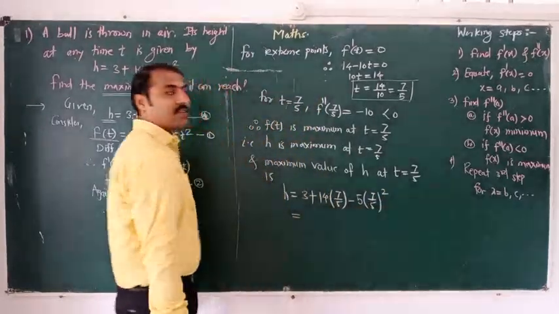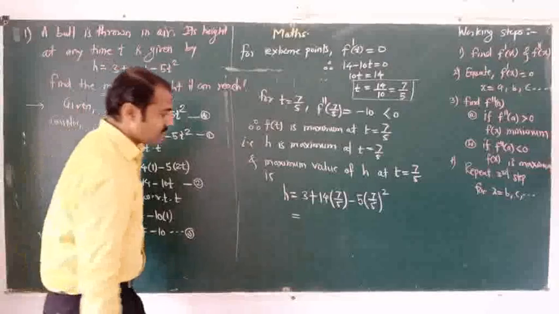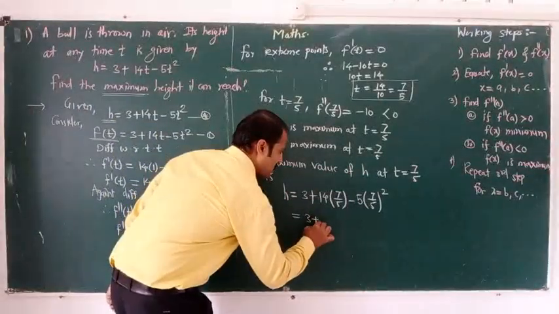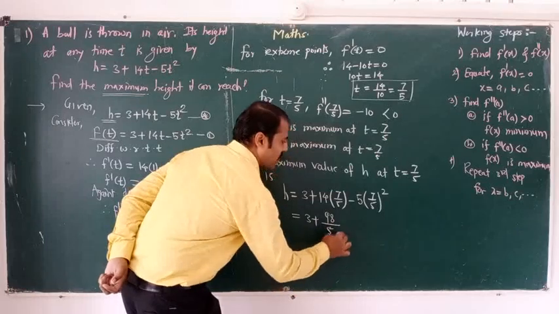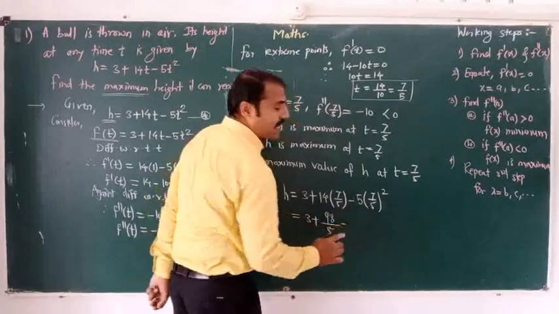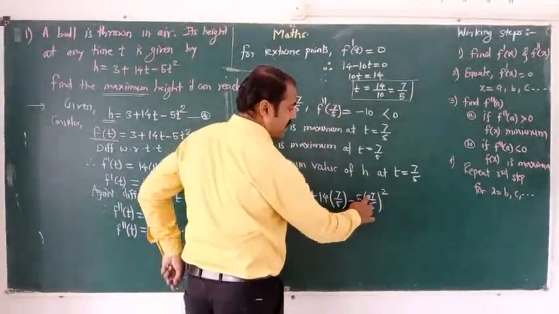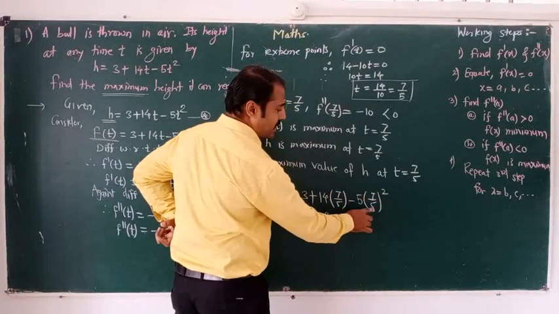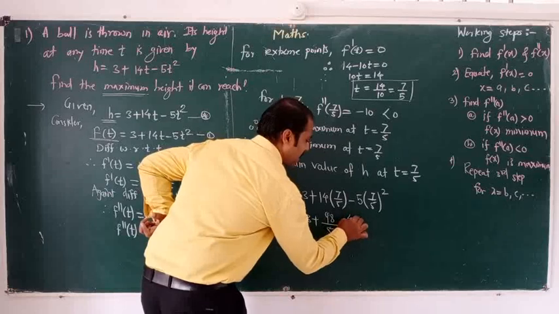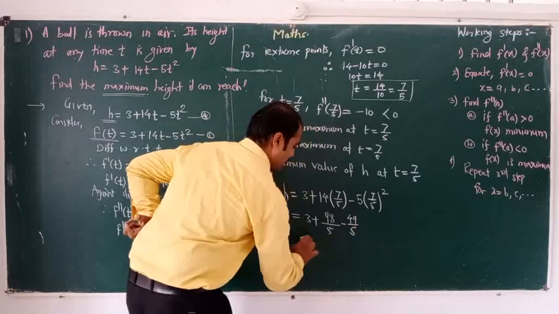On solving this, it's 3 plus 14 sevens are 98 divided by 5 minus 1, 5 gets cancelled. On separating the power, it's 7 square divided by 5 square. 5 5 get cancelled. 7 square is 49 divided by 5 square.